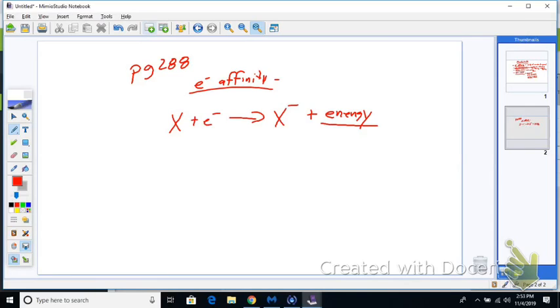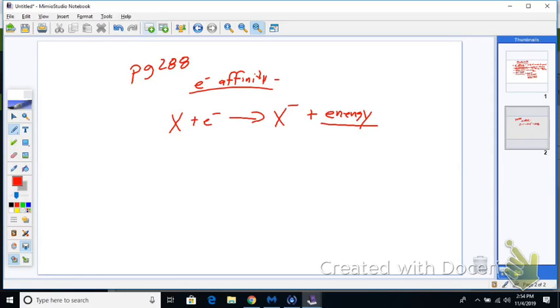So on your chart, I don't think they give electron affinities. Oh, no, they don't. They give you a graph going across for the first 20 elements. Which elements have the highest amount of energy associated with them on page 289?